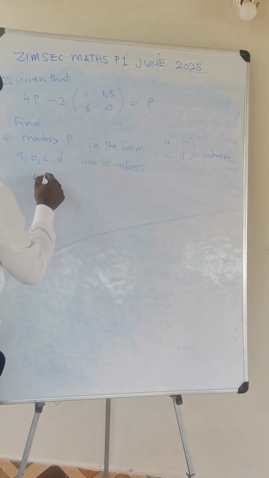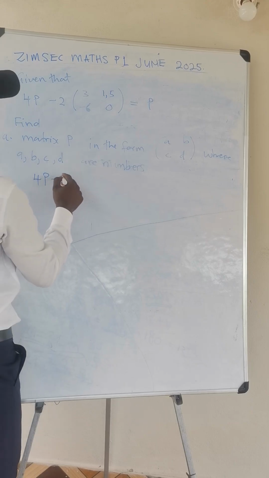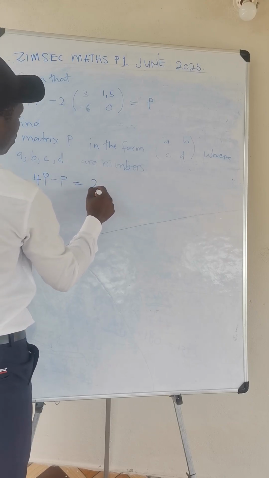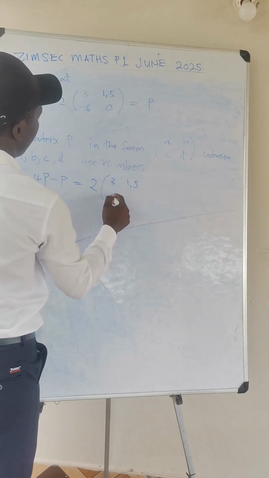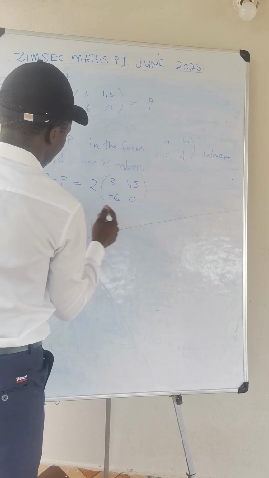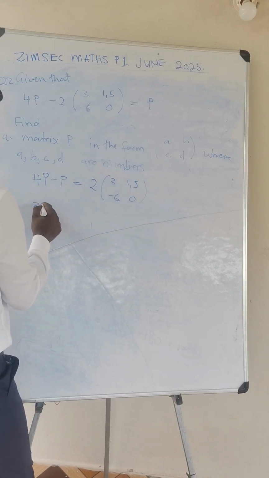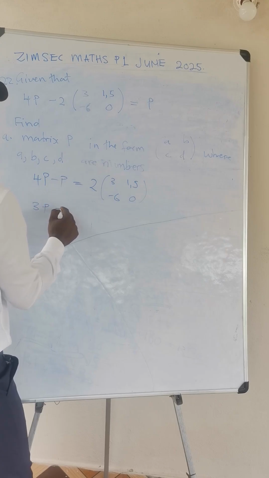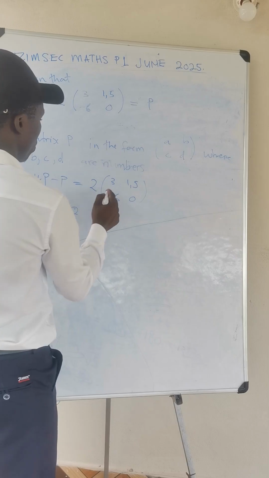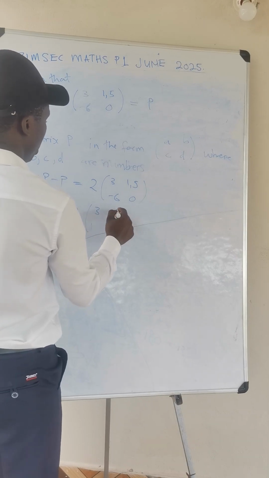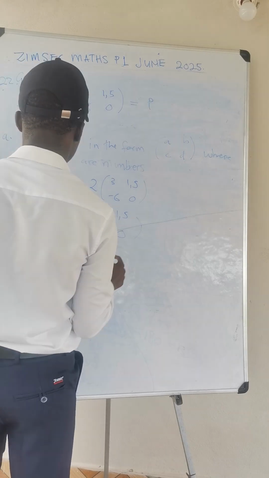So it's 4p minus p is equal to 2 open bracket 3, 1.5, minus 6, 0. We get 3p is equal to 2 open bracket 3, 1.5, minus 6, 0.